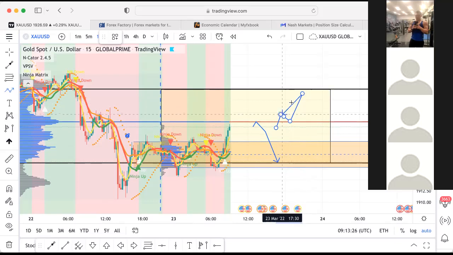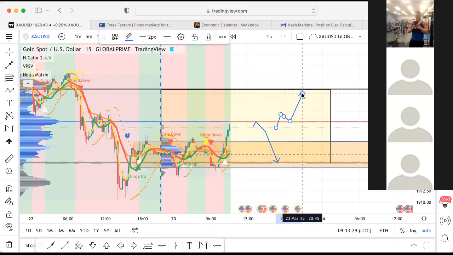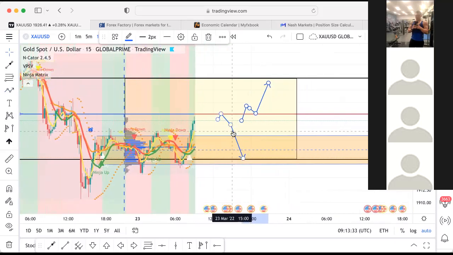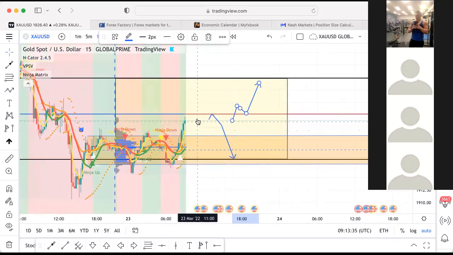Now, I'll tell you how I approach this. As I said earlier, if I got into this for a buy at some point round about here, I would set my take profit at the red line, and I would get out of the trade at the red line. Whatever happened, I would get out at that red line, and I would reassess.